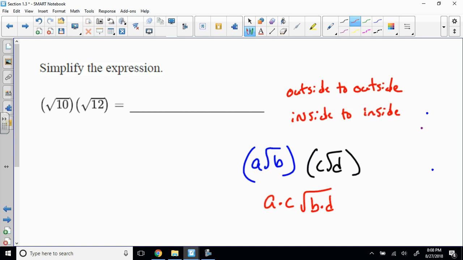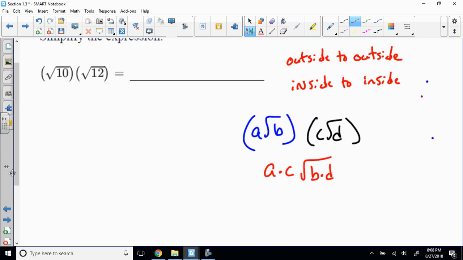That's what I'm talking about. Do you see what I've done right there? Does that make a little more sense? A square root of B times C square root of D gives A times C, and the square root of B times D. Outside, outside, inside, inside.